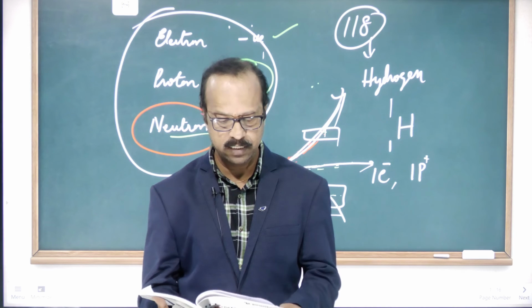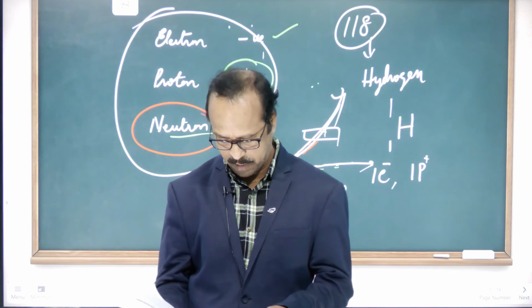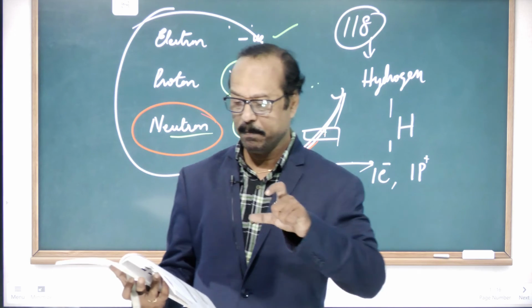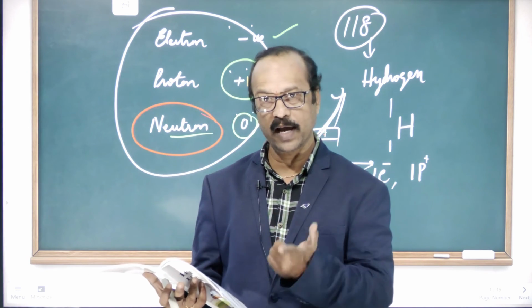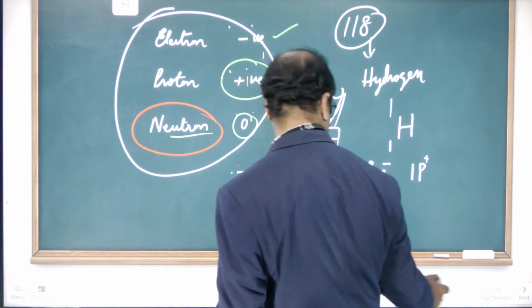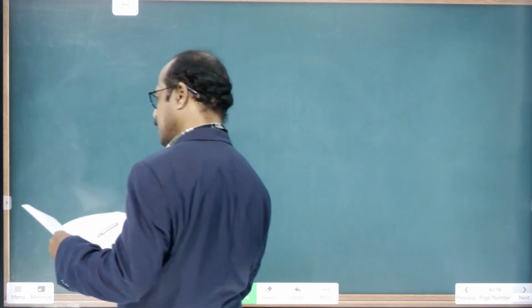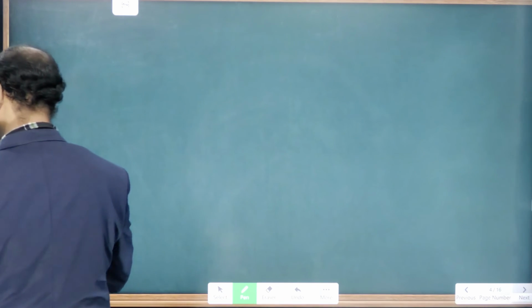You can see this in page number 21. In page number 21, you have one diagram. You can see there, beryllium Be-9, like this it is there.